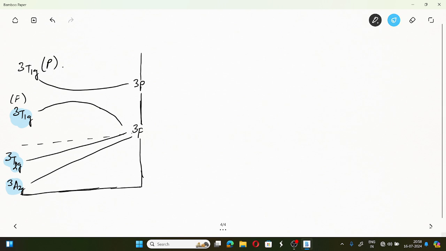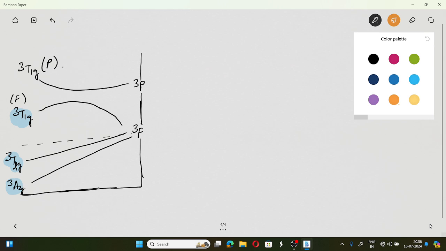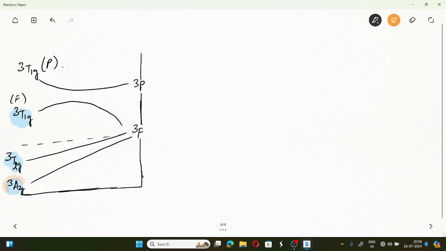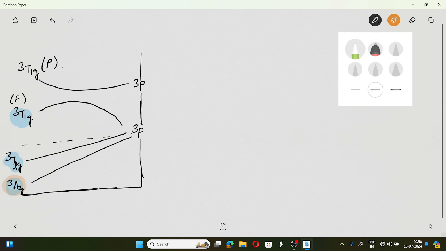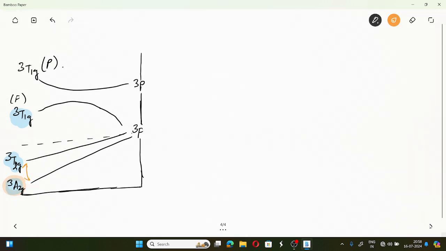Now according to this spin orbit coupling, what happens? This ground state term, which is capital A, it mixes with the first or even the second excited state term.